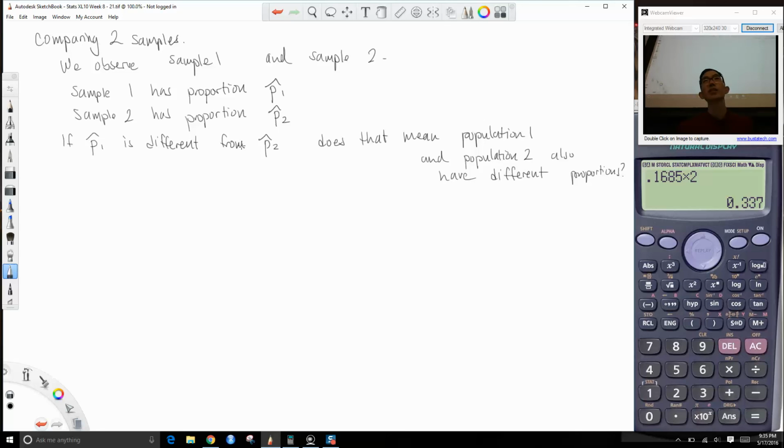So if you want to call sample 1 men and sample 2 women, that's fine. If you want to call sample 1 women and sample 2 men, that's fine, okay? Or sample 1 is people who own dogs and sample 2 is people who don't own dogs, whatever, okay? You can have 2 different samples and whatever.